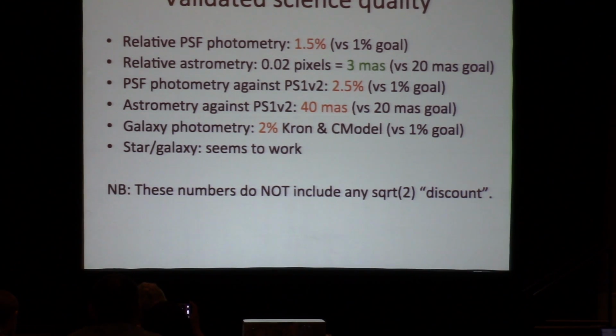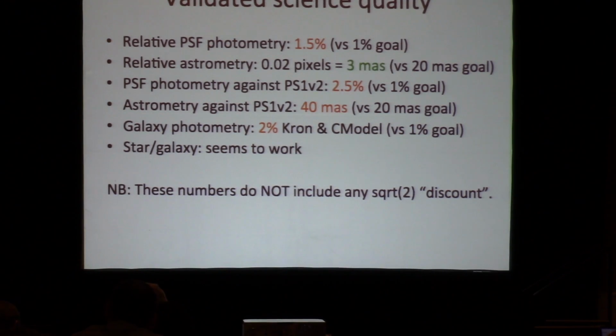So here's a few numbers. We're doing about 1.5% PSF photometry. We're aiming for 1%, but at the same time, these numbers don't take into account the fact that this is from comparing two exposures and seeing the noise in the PSF fluxes between those.